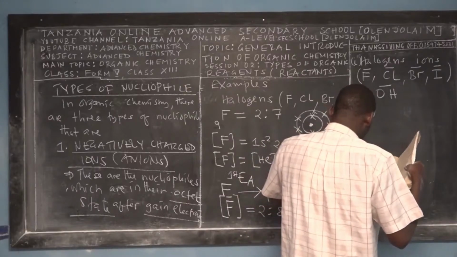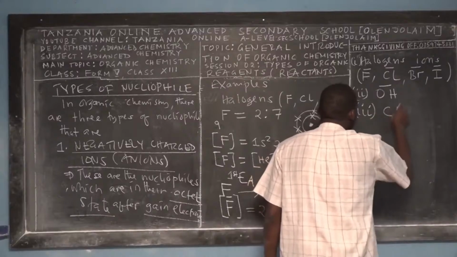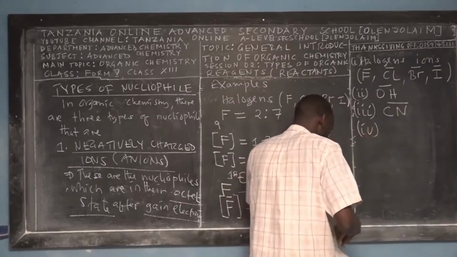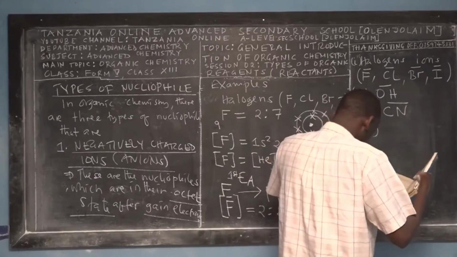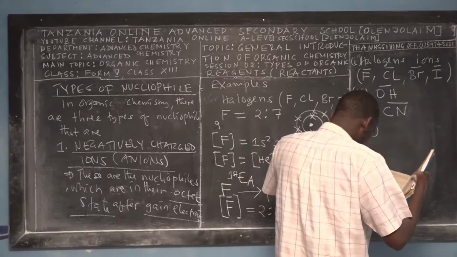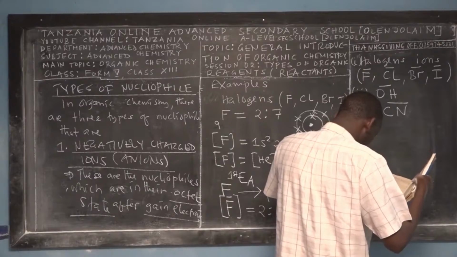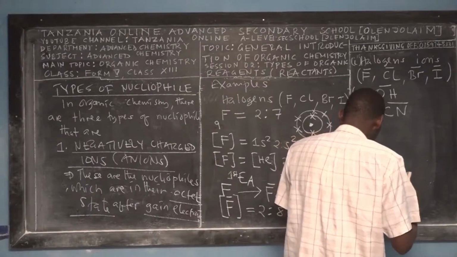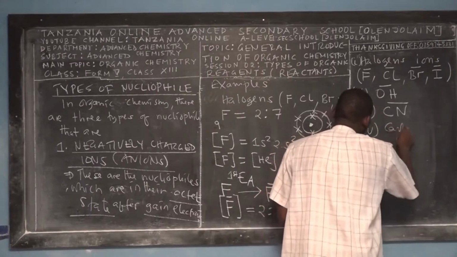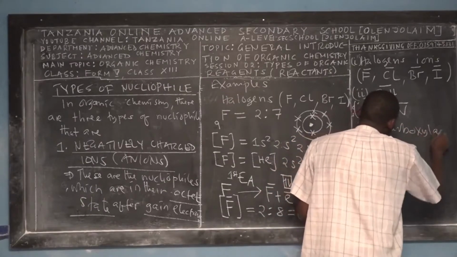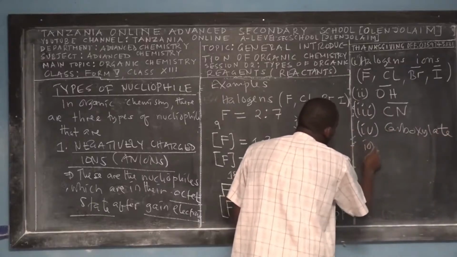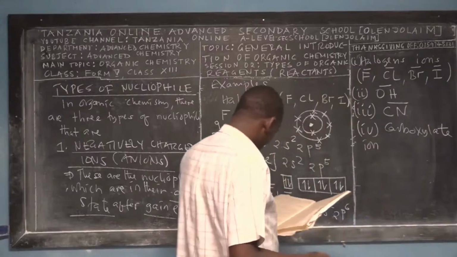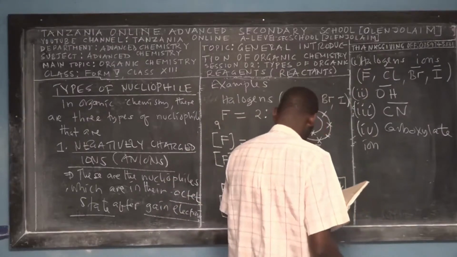Another example of a negatively charged nucleophile is the cyanide ion, right? And another example of a negatively charged nucleophile, or anionic nucleophile, is the carboxylate ion. For this one, I can write for you: carboxylate ion. In organic chemistry we have something called a functional group, right?